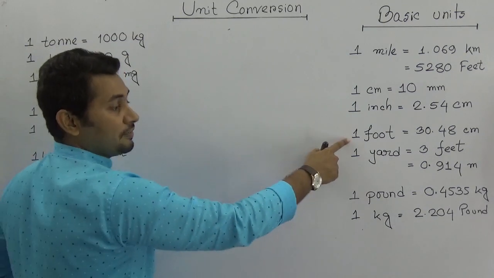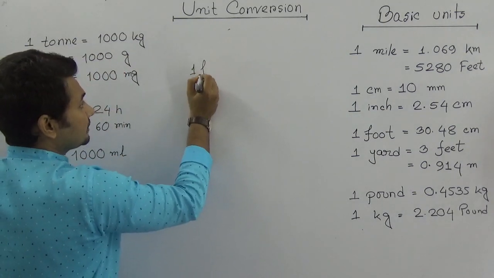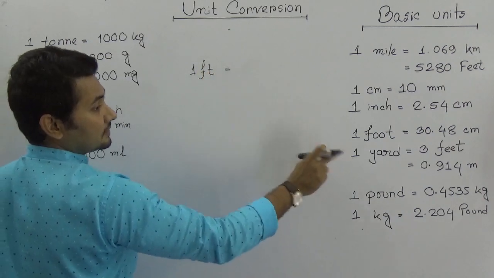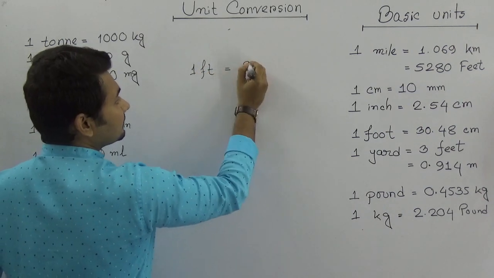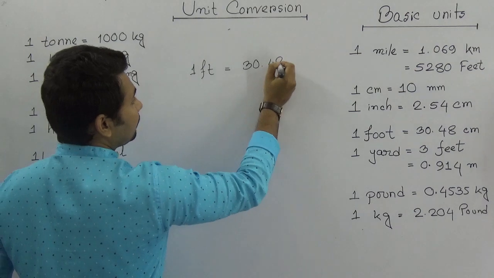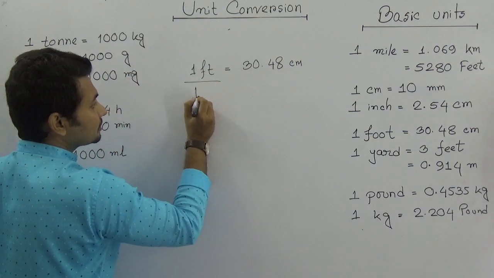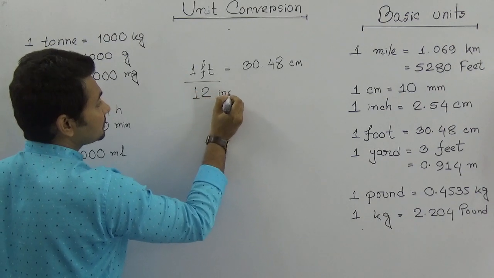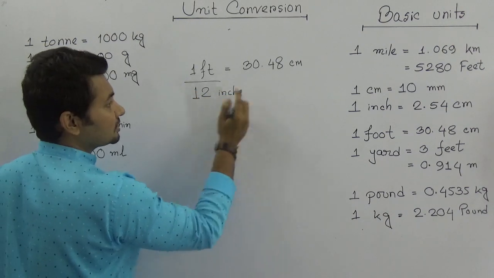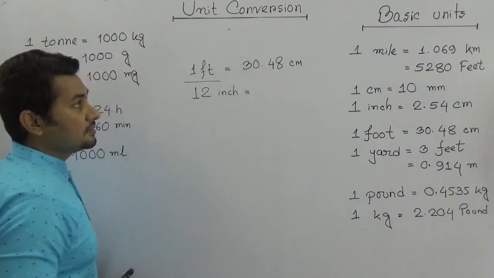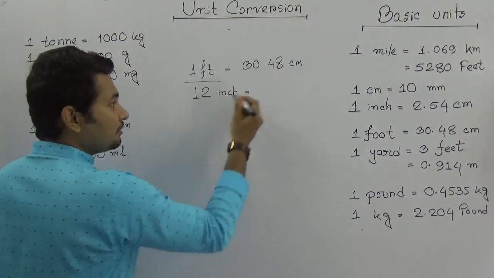So in case of feet, 1 foot is 30.48 centimeters. We know that 1 foot is 12 inches, so 12 inches is equal to 30.48 centimeter. How?